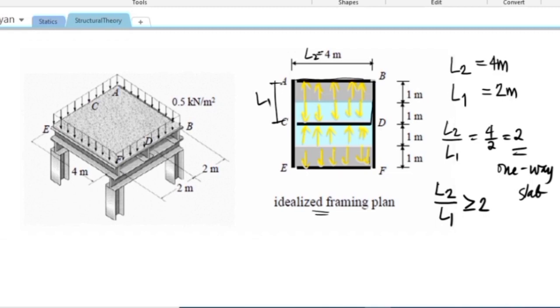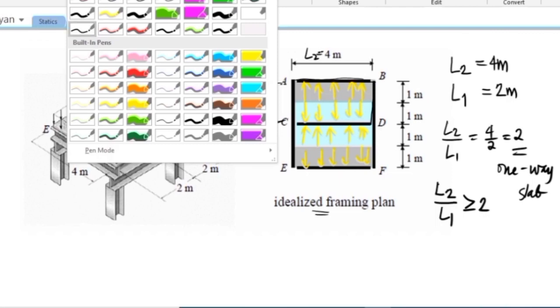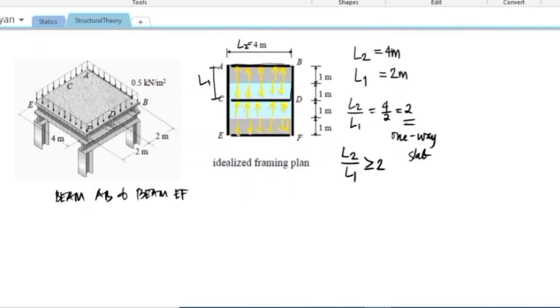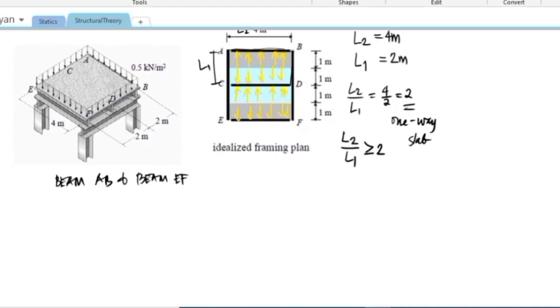So, if we are going to isolate that, this is true for beam AB and beam EF. Now, we can say that the loading na kakargahin ng beam AB is just equal sa loading na kakargahin ng beam EF. So, si AB na lang yung kukunin natin.